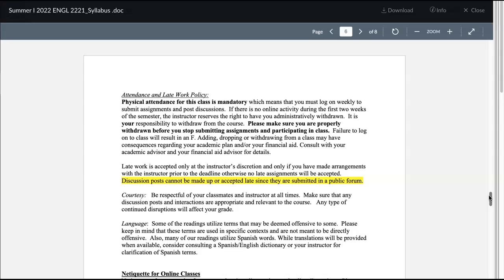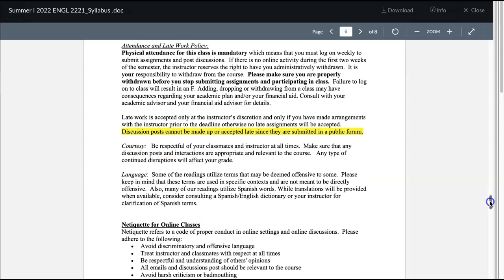So just please keep that in mind as well, that sometimes I can work with you and make arrangements, but sometimes the best option might just be to drop the class if there's no way that you can get back on track because of an emergency or something like that. So like I said, with situations like that, it's just better to talk to me about it so that we can try to figure something out.